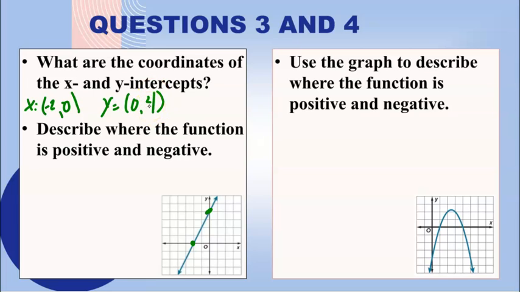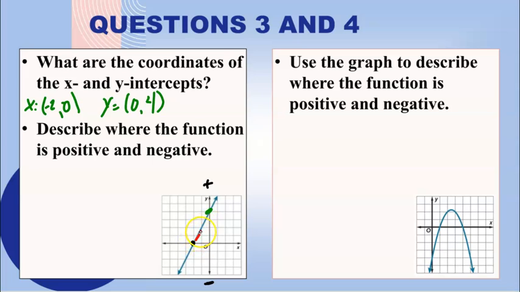Now we need to describe where the function is positive and where it's negative. Now if it's above the x-axis, it's positive. When it's below the x-axis, it's negative. And now everything is going to be based upon where it crosses the x-axis. So let's do the positive part first.